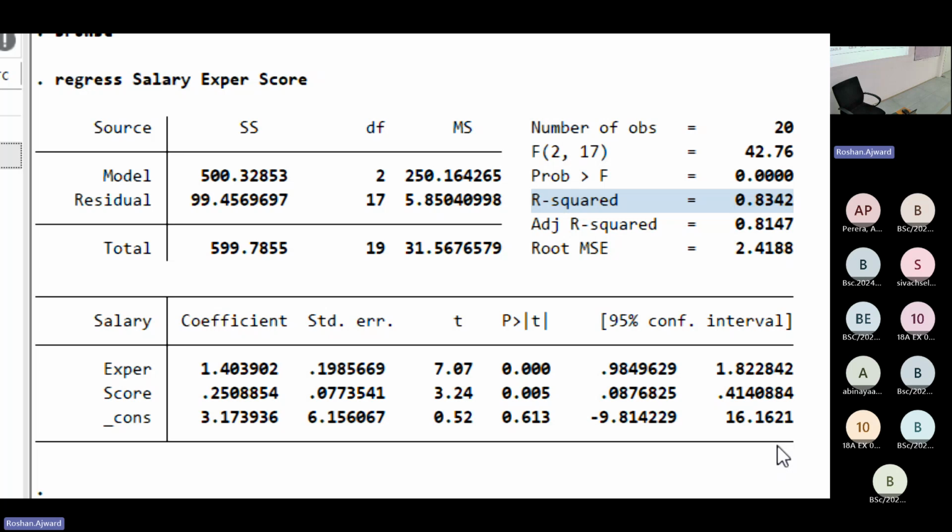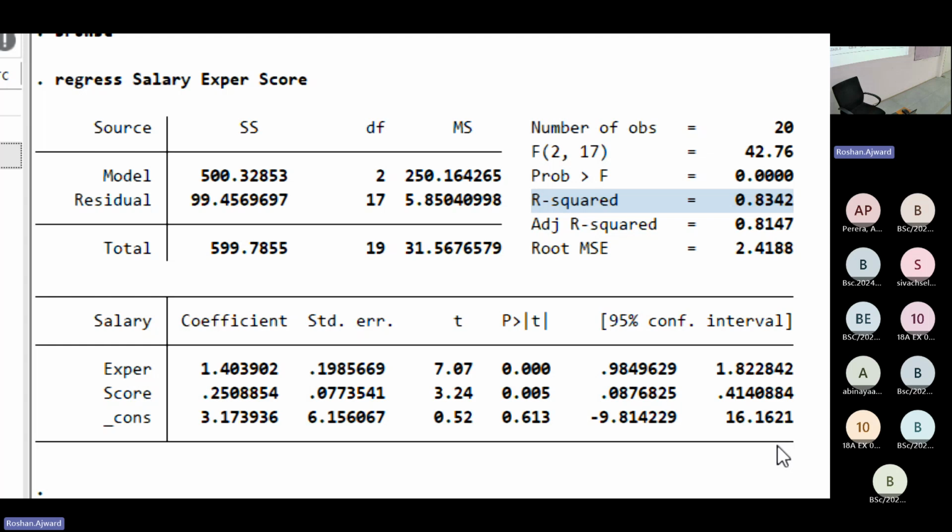We express it as a percentage, here 83.42%. What does that mean? The independent variables explain 83.42% of the dependent variable. This is well above the acceptable level of 50%, right? So those are the things we explained related to R square.